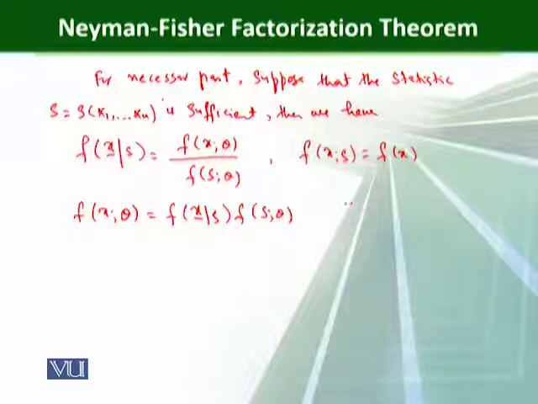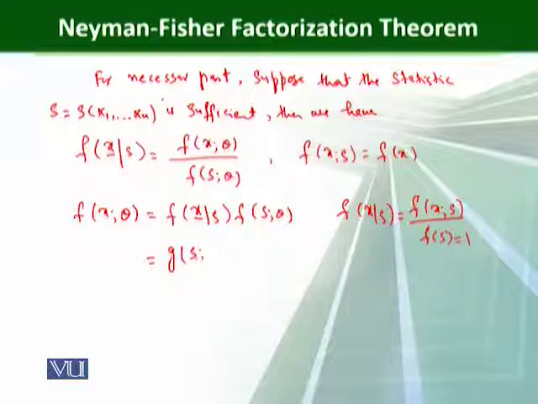And we also know that f of x given s is equal to f of s x over f of s, and we know that this is a proper PDF and is equal to 1. So we can put this result here, and let's say I represent it in terms of a g function, that is g of x, into, let's say I call it h of s theta.